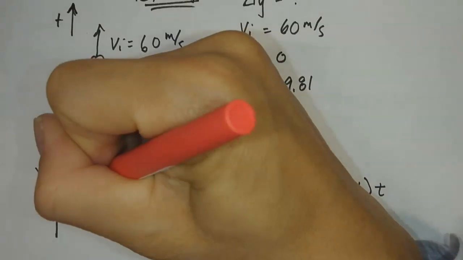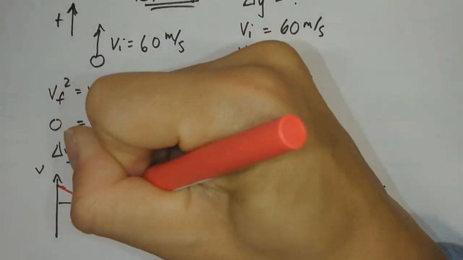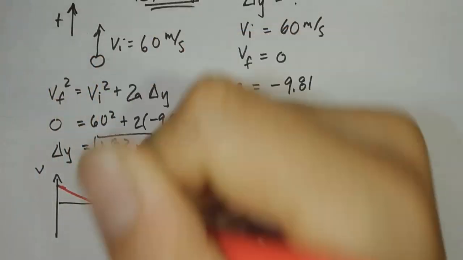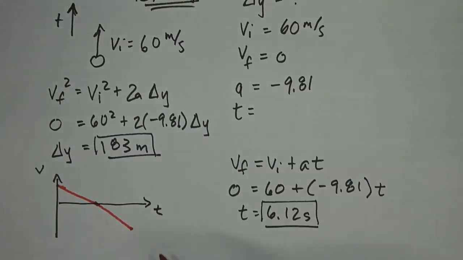It's going to go from positive velocity at the peak, 0 velocity, and then now it has a negative velocity. So this is the peak height. This will occur at 6.12 seconds. That's the positive velocity. This is the negative velocity, and the initial here would be 60. This would be 60 meters per second. This would be a negative 60 meters per second.